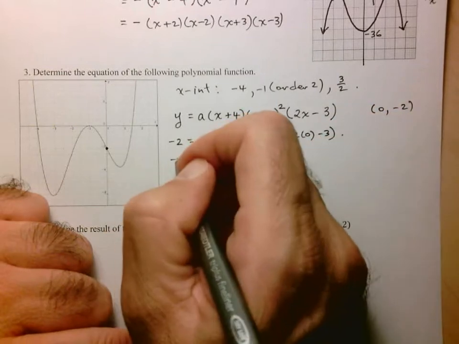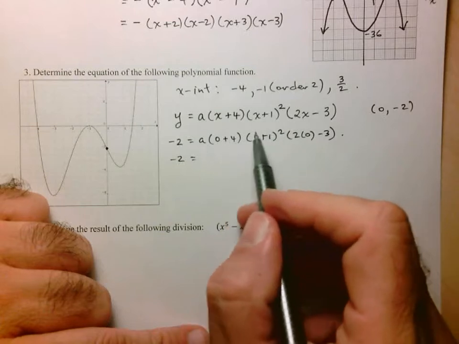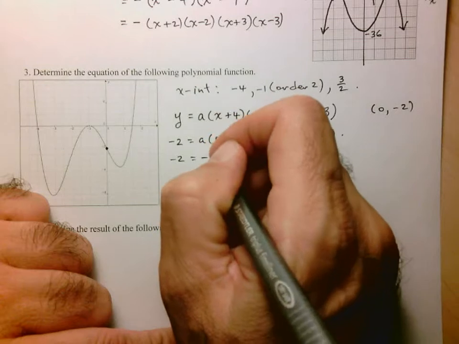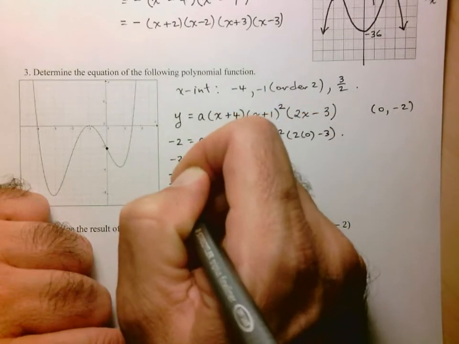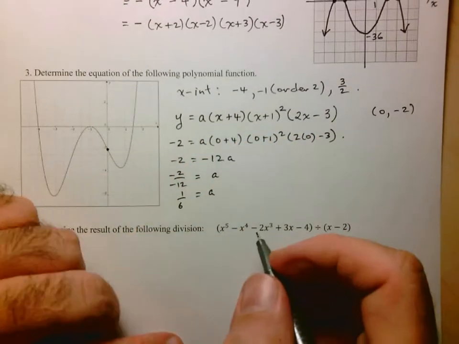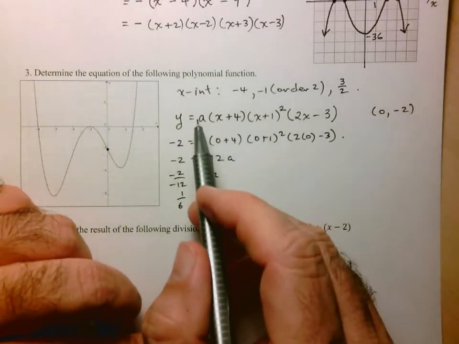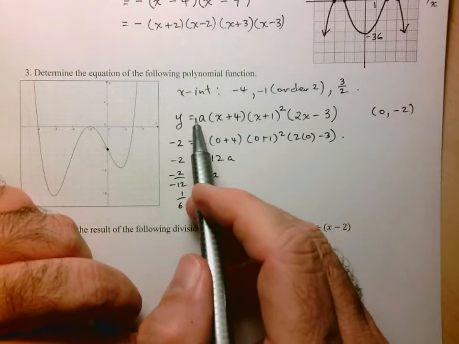And so now let's simplify the right hand side. So I have 4 times 1 is 4 times negative 3 is negative 12, and so a is just equal to negative 2 over negative 12, which is just equal to 1 over 6, and as expected the a value should be positive. I don't have to worry about inserting the sign at the beginning.